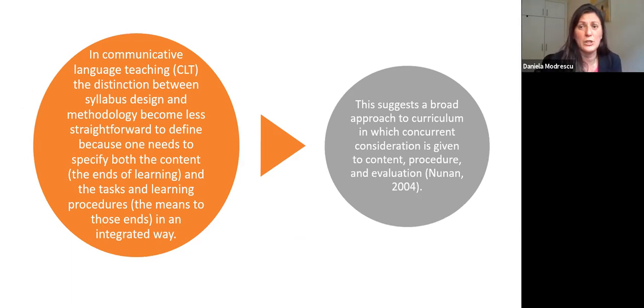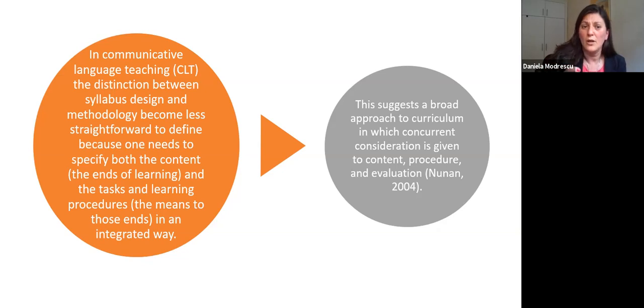In communicative language teaching, the distinction between syllabus design, the way we select what we teach from the language, and methodology, how we will teach it, what kind of activities, how we sequence these activities and so forth, becomes less straightforward to separate.